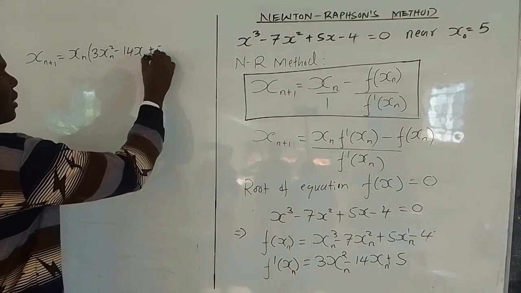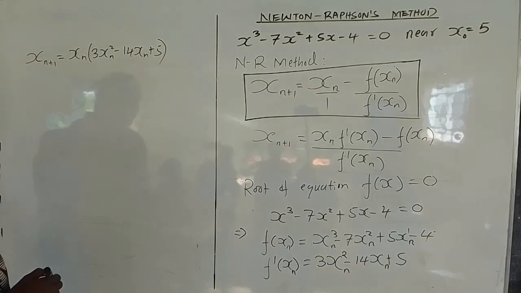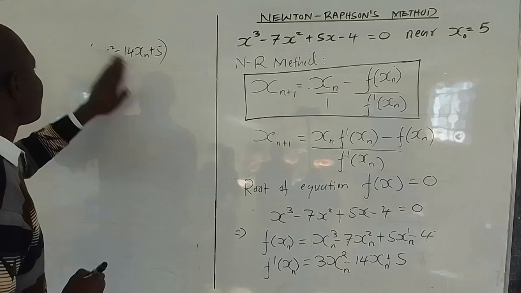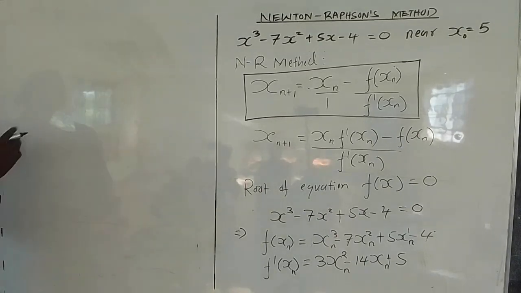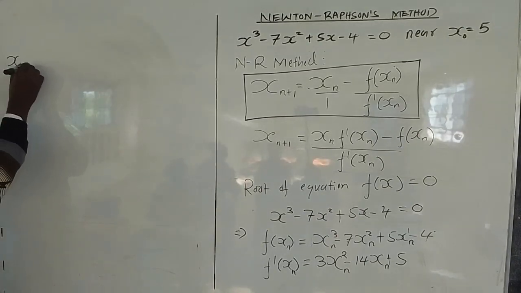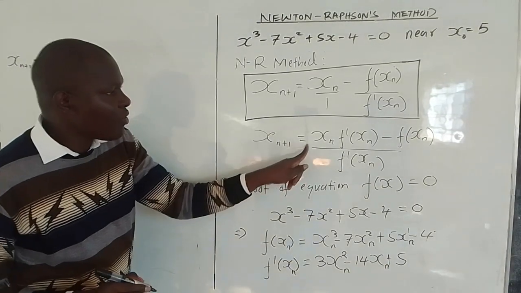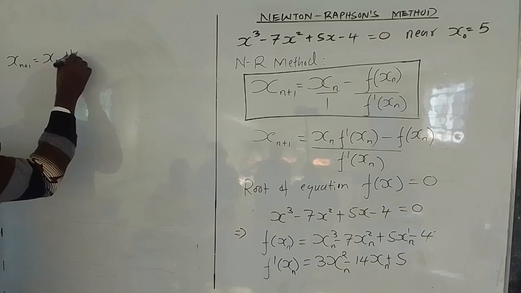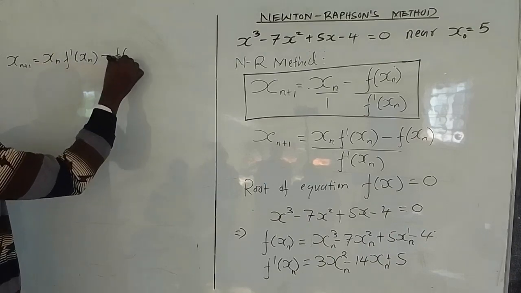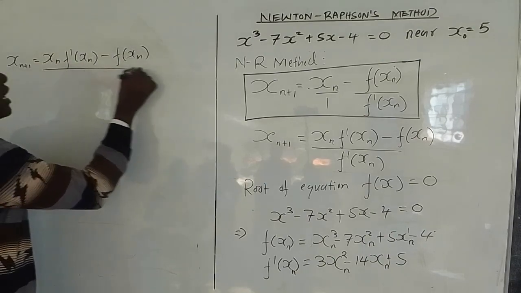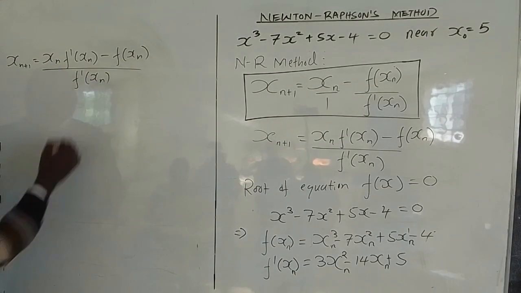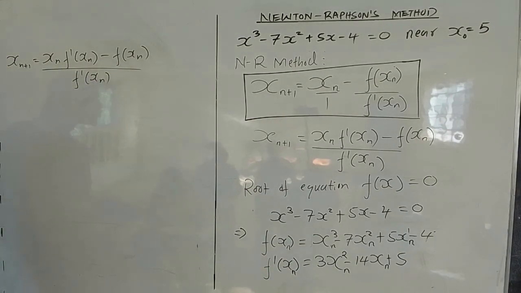Then it is minus. Let me create more space there. So I have xn plus 1 is equal to the formula xn minus f of xn, everything over f prime of xn, then I start substituting.